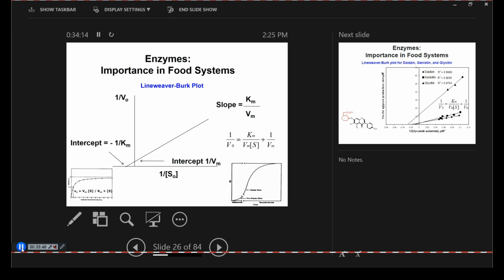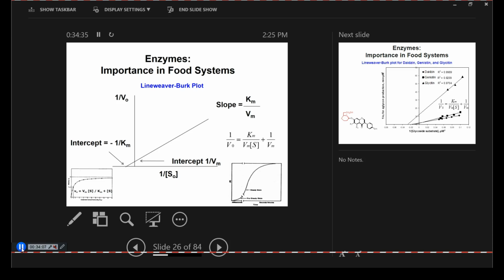And then I run the reaction again at another concentration of the substrate, which is, let's say, 15 millimolar. And again, I plot over time my product concentration of that reaction, and I get another V0. I do that at least 5 times so that I have 5 points that I can plot.